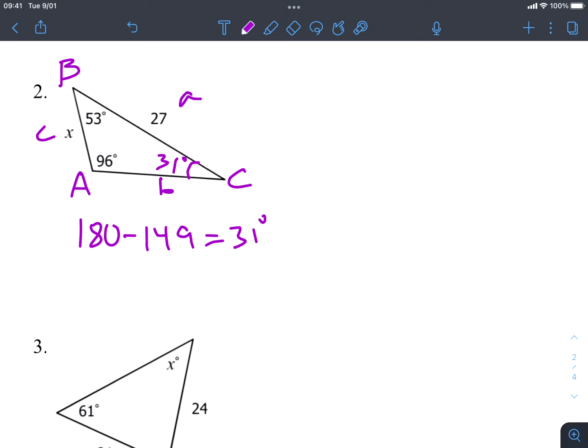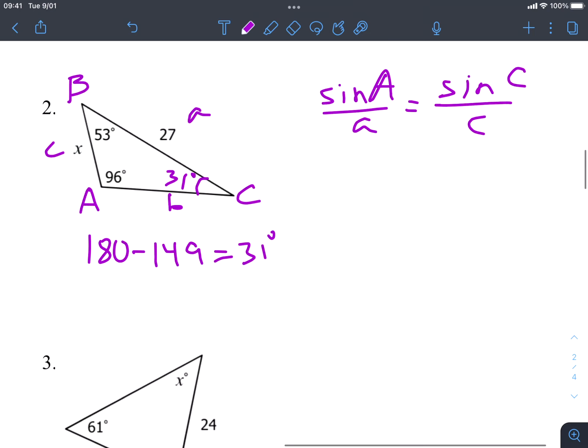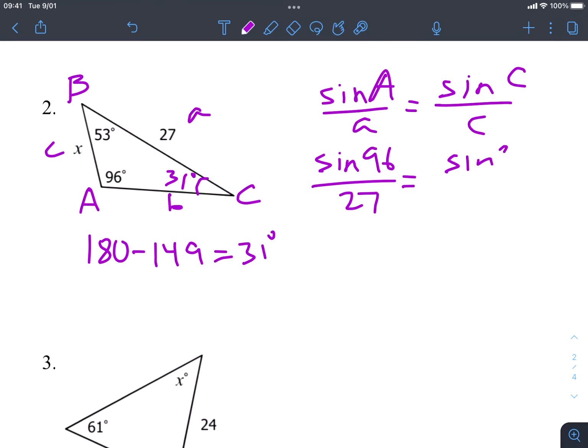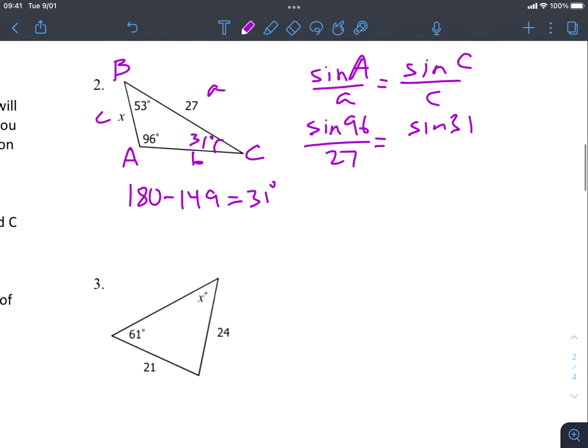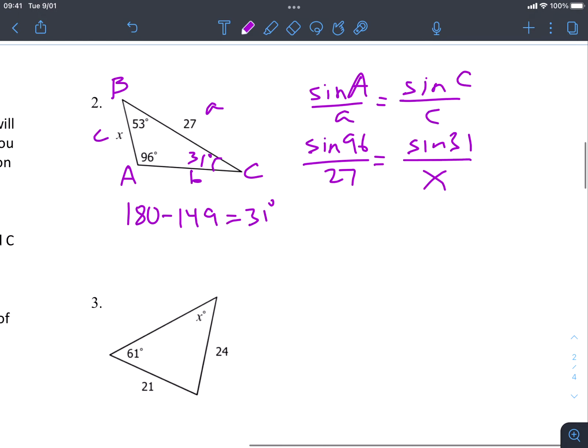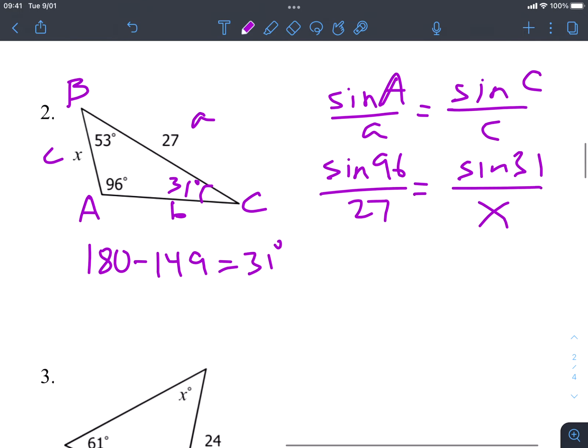Well, I know that sine of A over A is equal to sine of C over C. From here, I just need to plug in my values. So sine of 96 over 27 is equal to sine of 31 over x. And this is very, very similar to what we did in the previous problem.